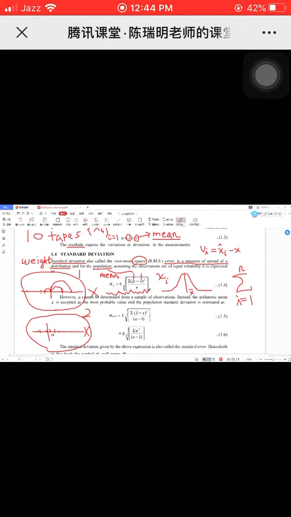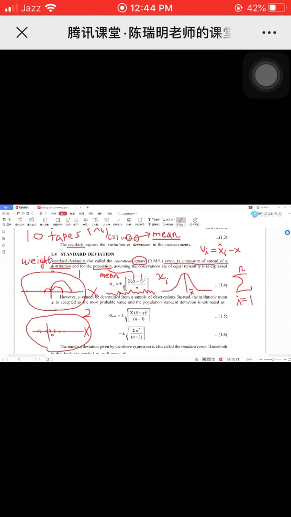It means your measurement is very concentrated, and it's much more accurate. You have much more control. If data is much more centralized or concentrated, you can put much more weight on it.